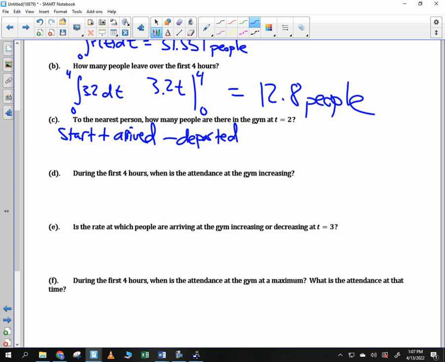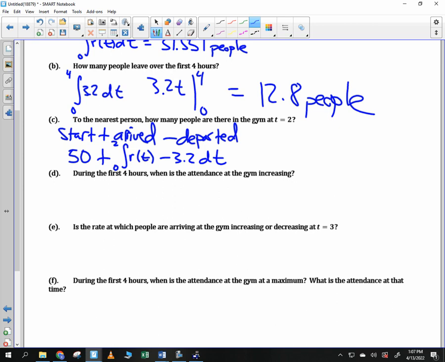So let's do that. How many people started? 50, plus, how do we calculate the number of people who have arrived? Integral from 0 to 2 of r of t, and then just minus the departure, right? I could write that as one integral, so minus 3.2 dt.